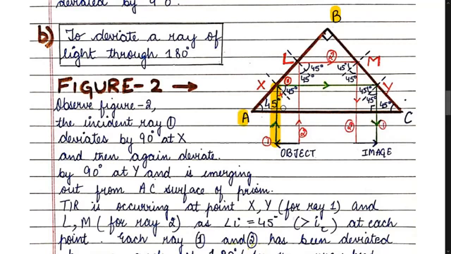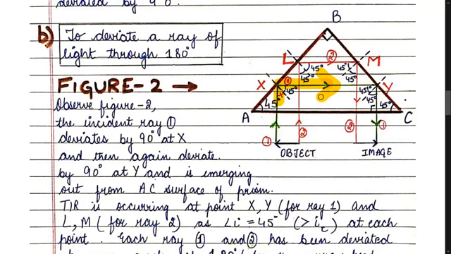Now, if this angle is normally incident, that means if this is 90 degree, angle A is 45 degree, then angle of incidence at point X will be 45 degree, which is greater than critical angle. Thus, the ray will bend inside the same medium. That means what is happening at point X?